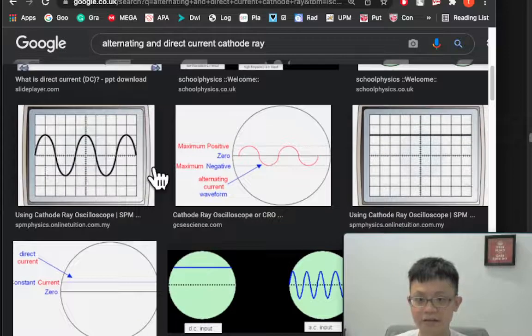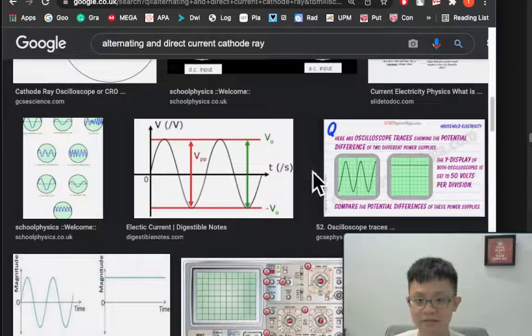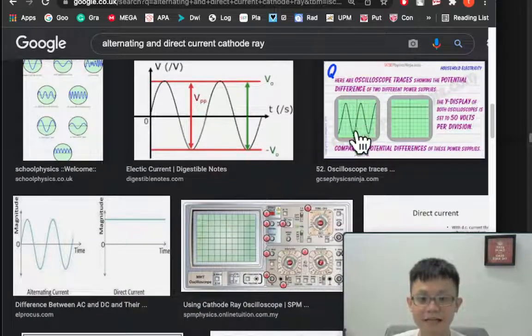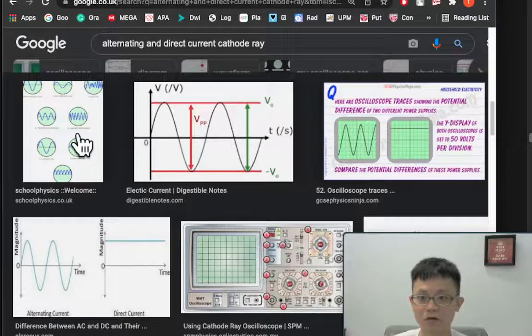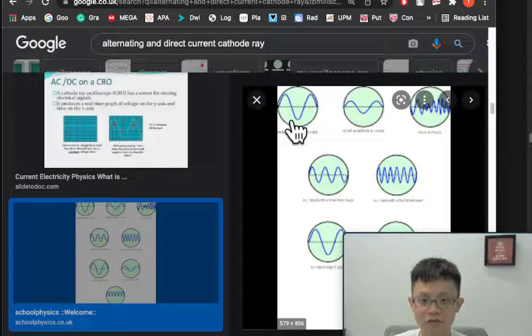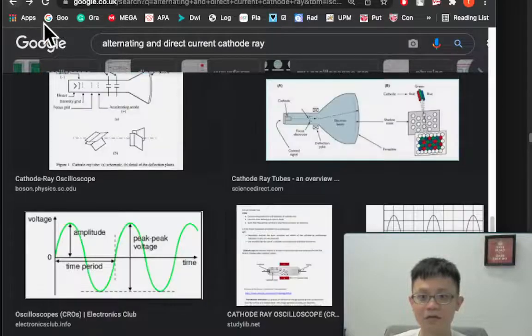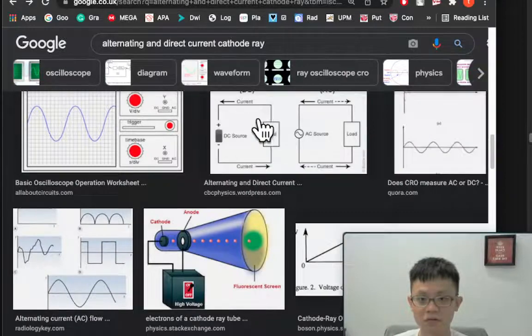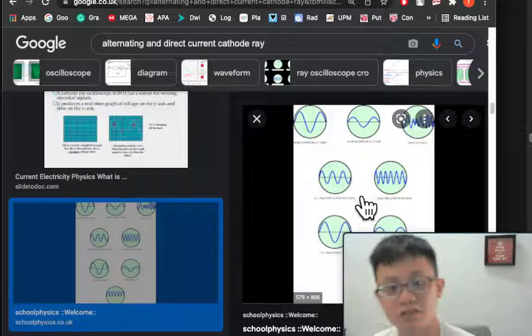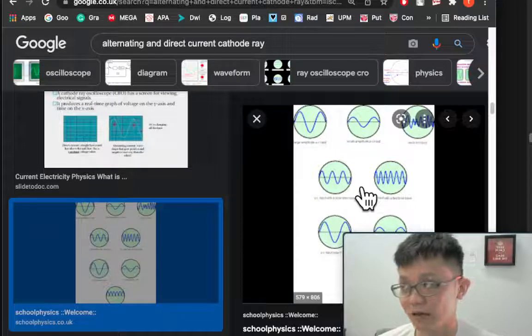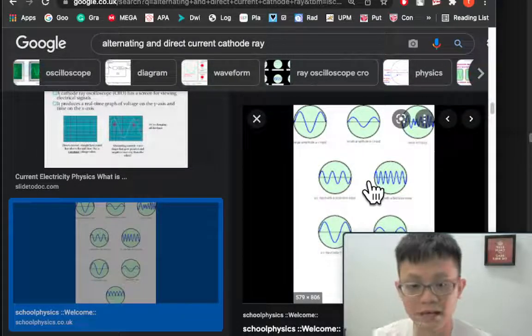Now you can draw like this, or like this, as long as it goes up and down, either just 1 line, 2 lines, or 3 lines, up to you. The reason it goes many or slow depends on the speed that you want to set. If you set the speed very slow, then it will go many times.